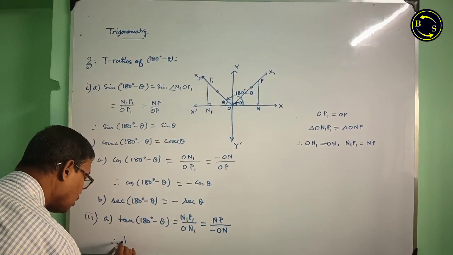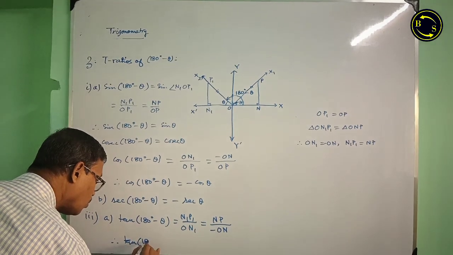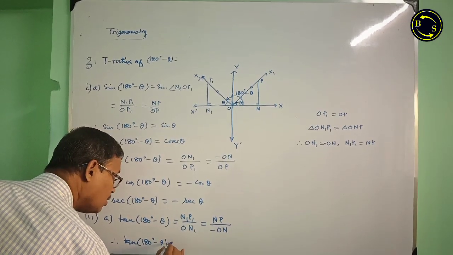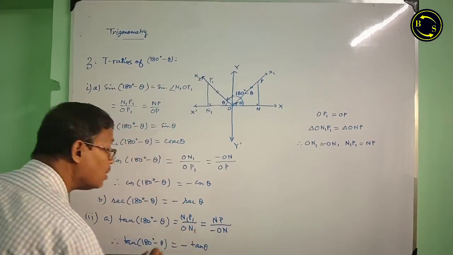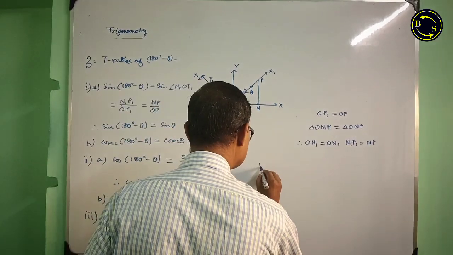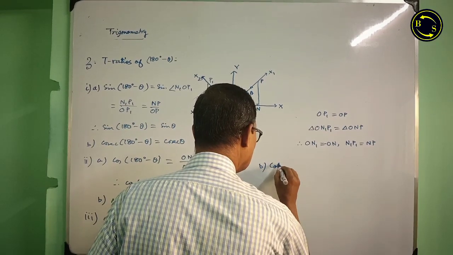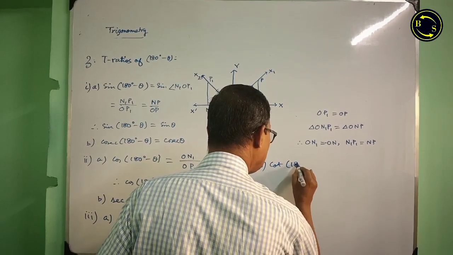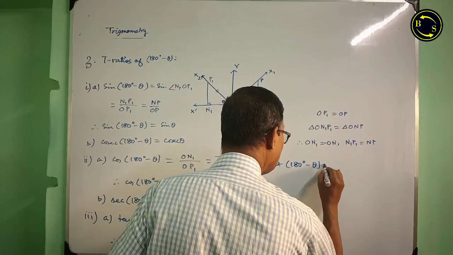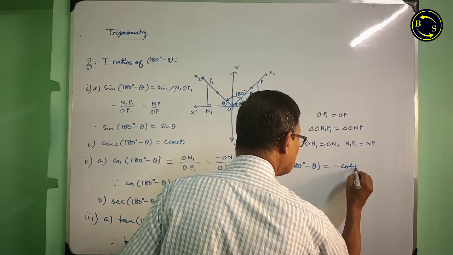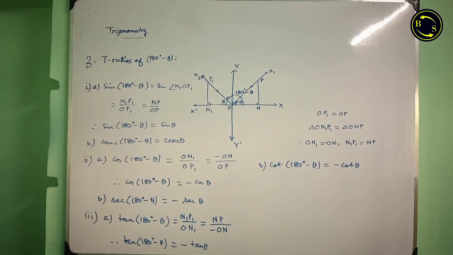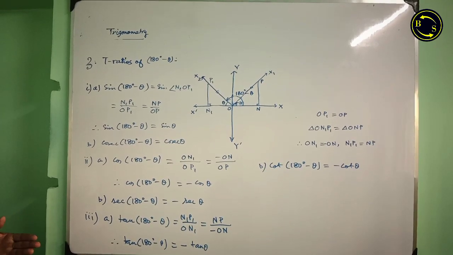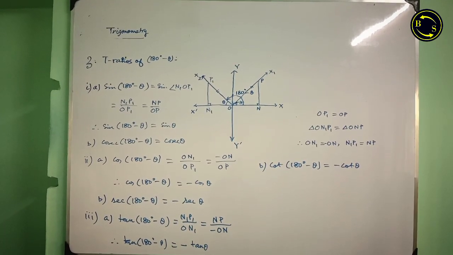Therefore, tan 180 degree minus theta will be equal to minus tan theta. Similarly, cotangent 180 degree minus theta will be equal to minus cot theta. Thus, we have found the trigonometrical ratios of 180 degree minus theta.